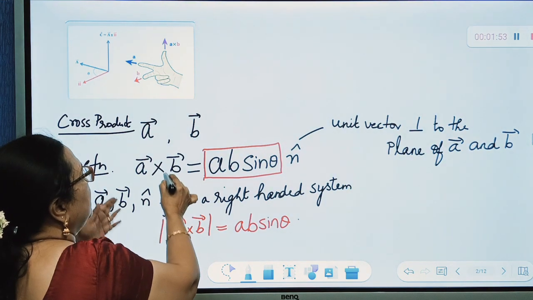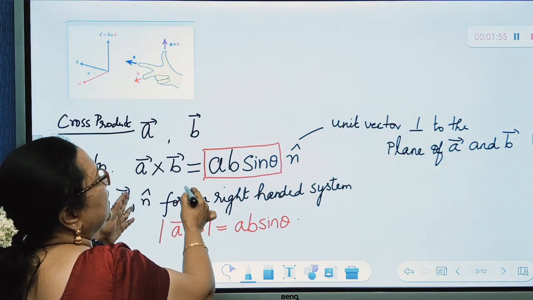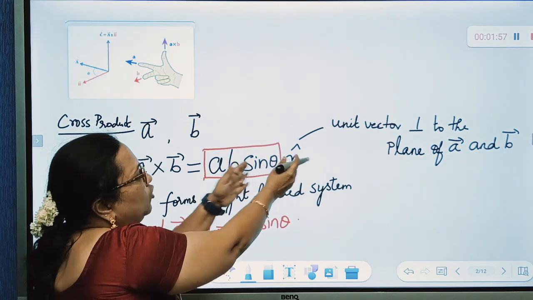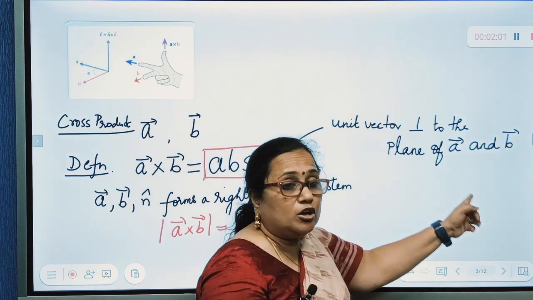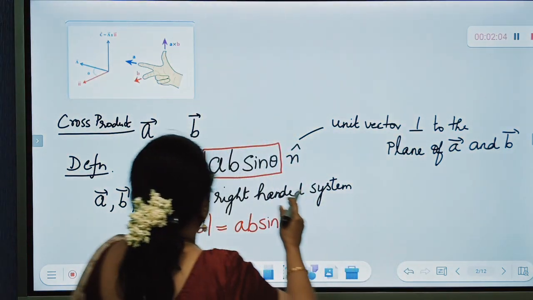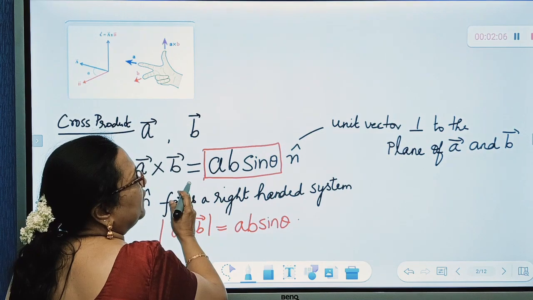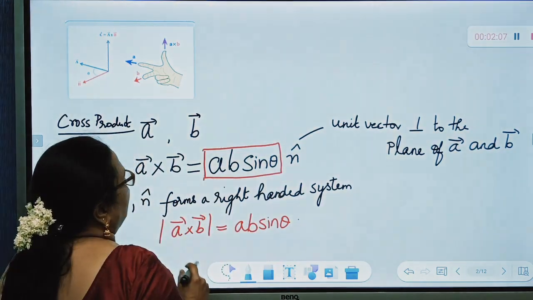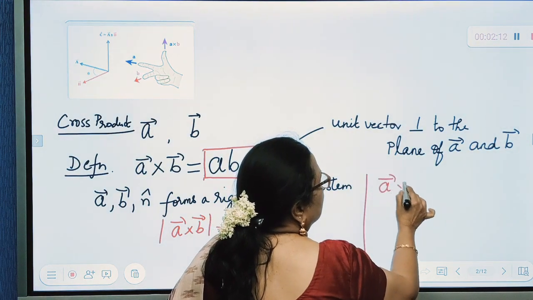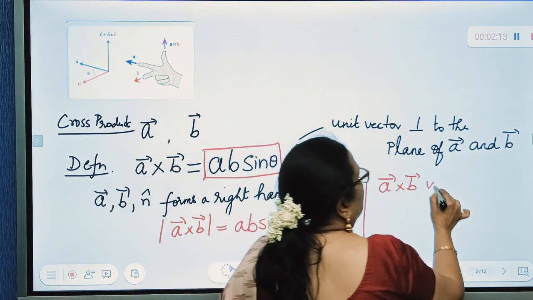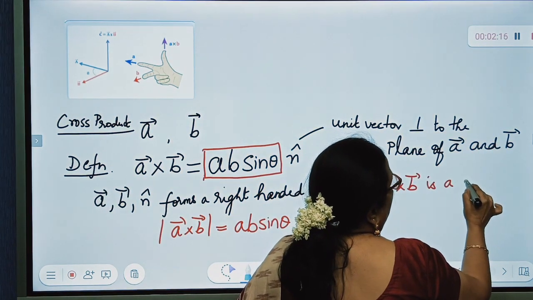As you can see, A cross B is nothing but this magnitude times a unit vector. What sort of unit vector? Perpendicular to the plane of A and B. Therefore, it's just a scalar multiple of the n vector. Therefore, A cross B is a vector perpendicular to the plane of A and B.